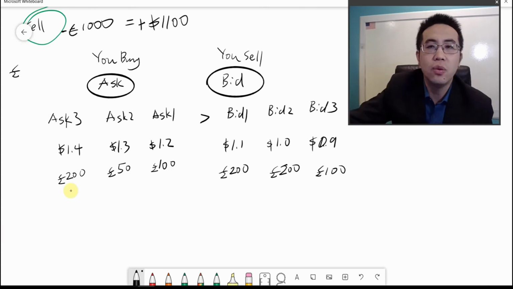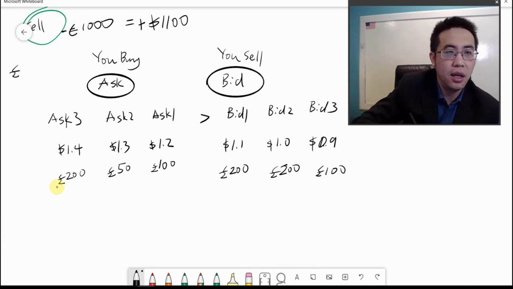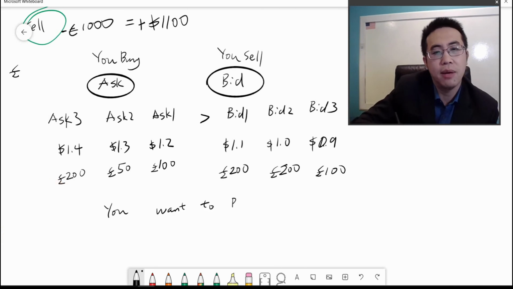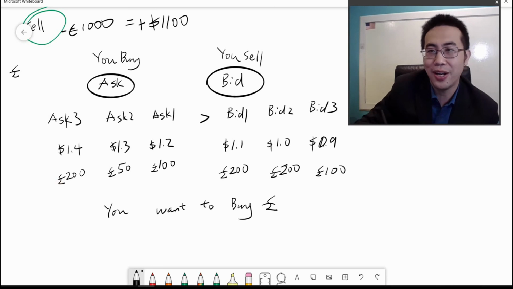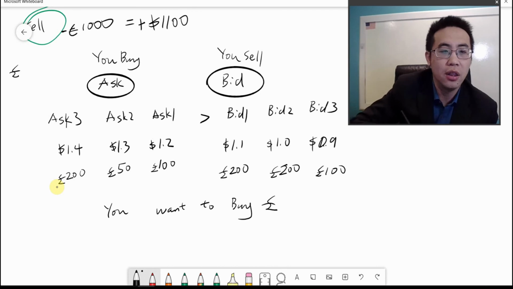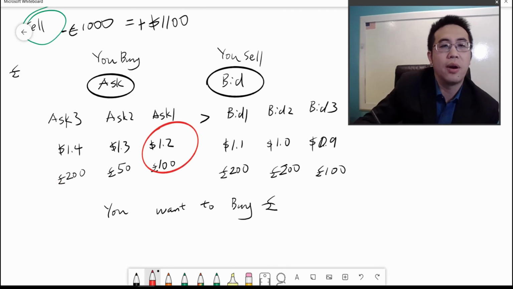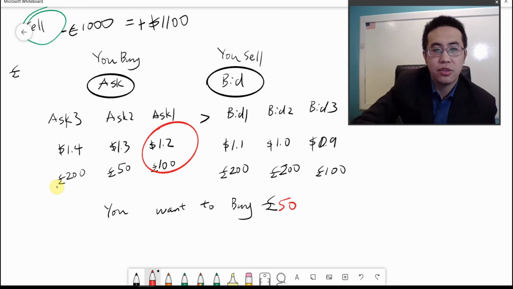Okay, so if you want to trade, let's say you want to buy pounds. If you want to buy pounds, then you want to pay fewer dollars, right? You want to pay as little as you can. Then you should go for the first price. If you only trade for, say, 50 pounds, does this bank have enough pounds for you to trade?